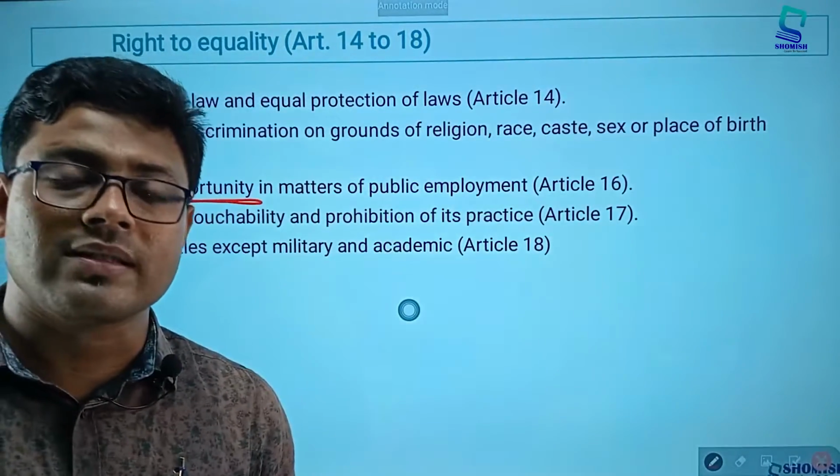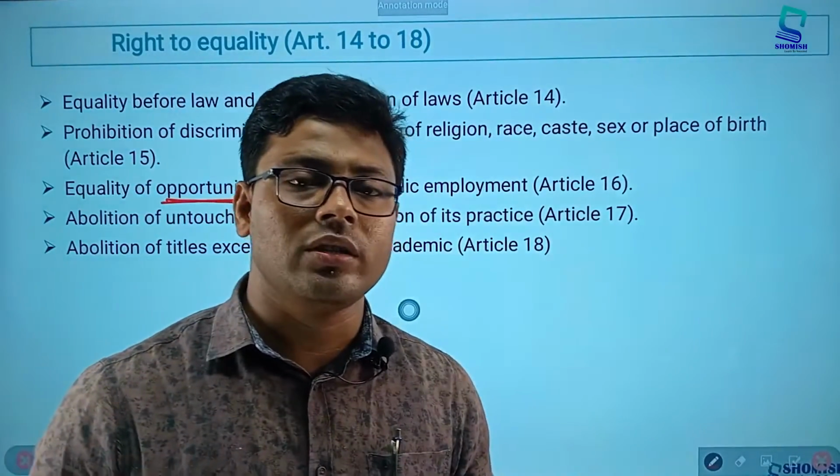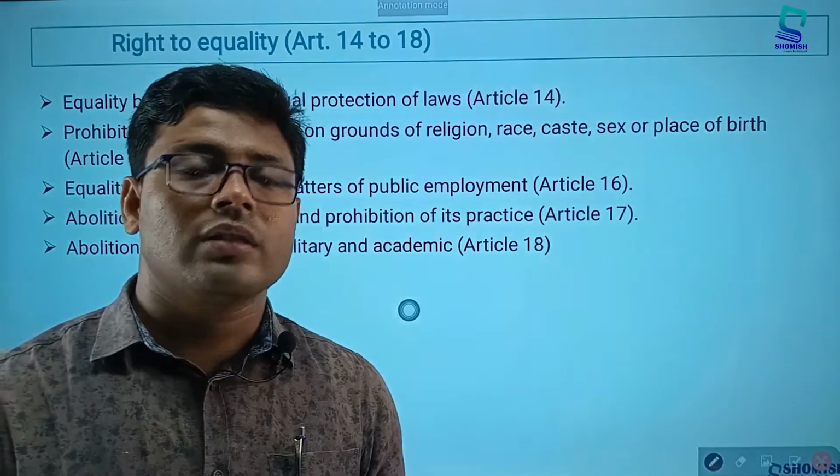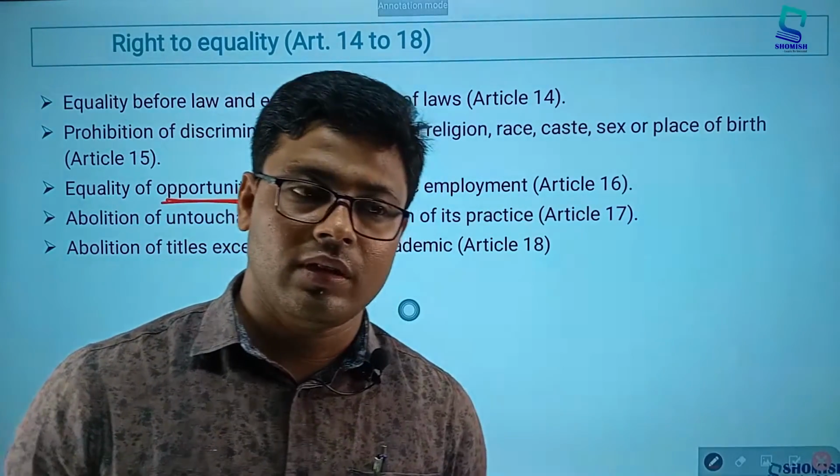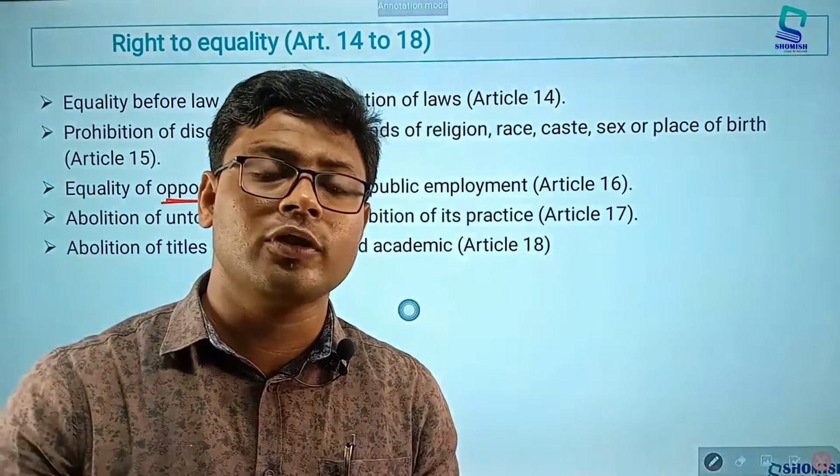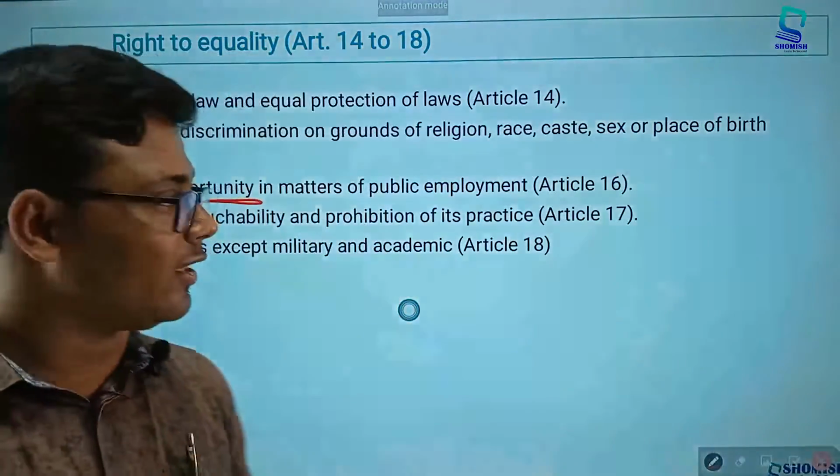Although our constitution has mentioned the term reservation, and it is for whom? It is for the disadvantaged sections of our society.